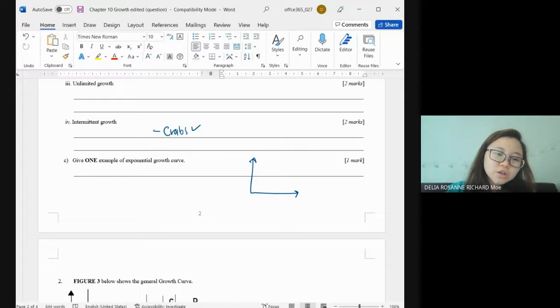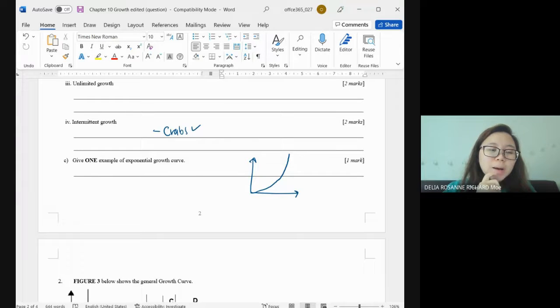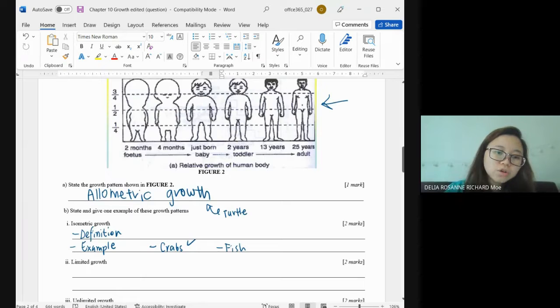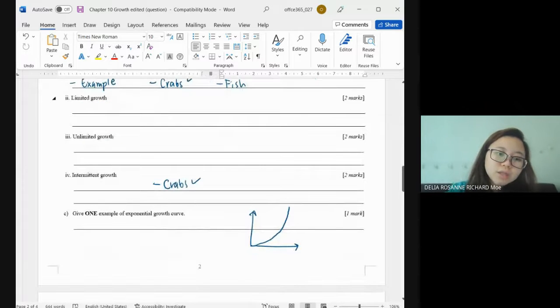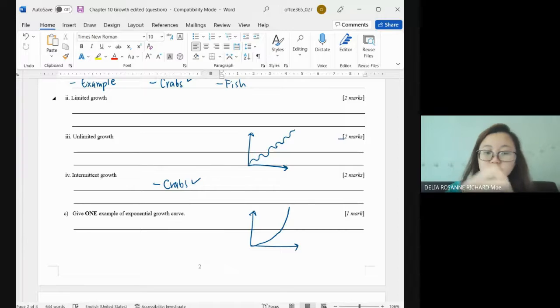So exponential growth curve means your curve looks like this and dia pergi atas, ke atas. But it's different from unlimited growth. Unlimited growth means dia ada sigmoid dengan sigmoid dengan sigmoid dengan sigmoid.